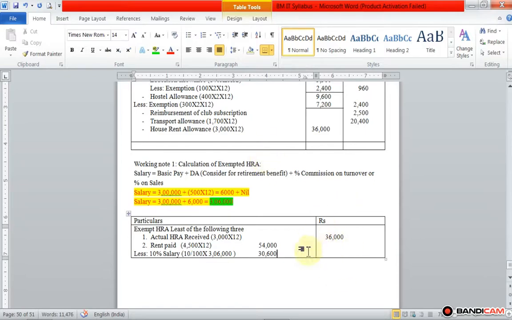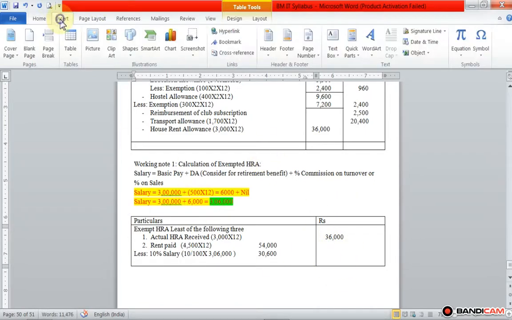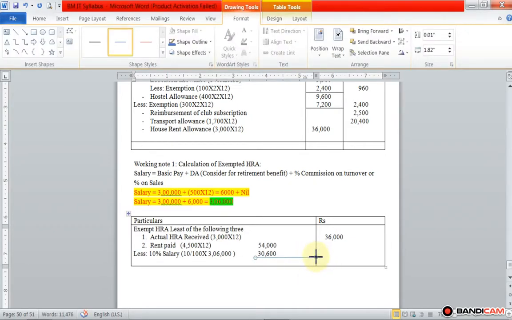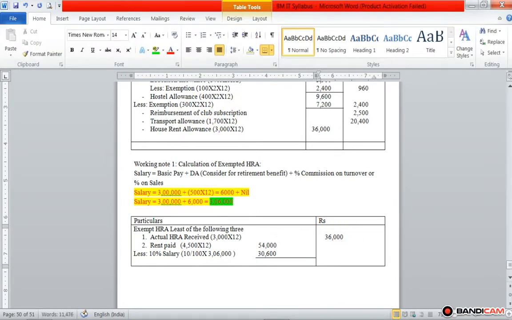We get an amount, and that amount is put in the outer column, called rent paid, that is 23,400.